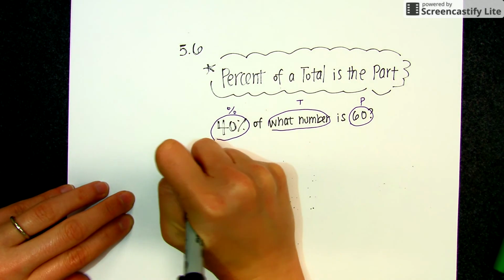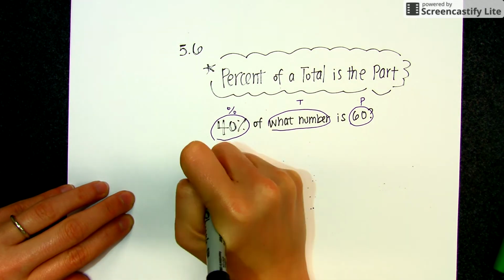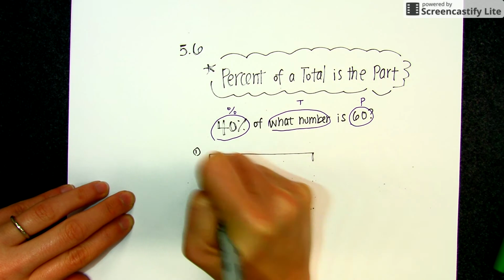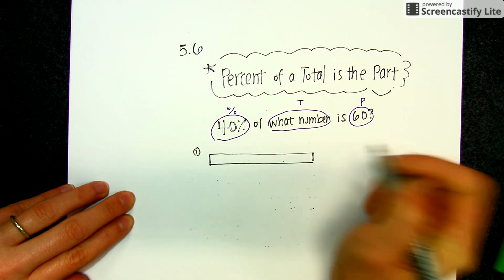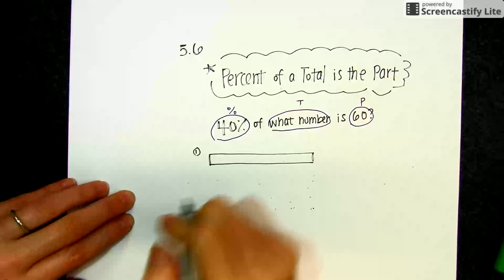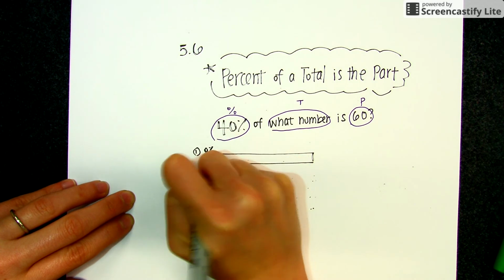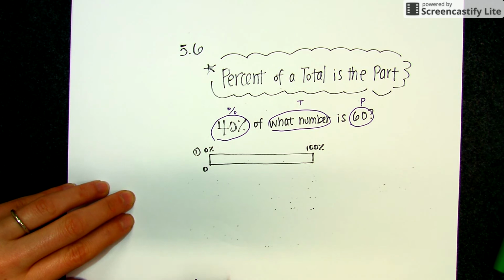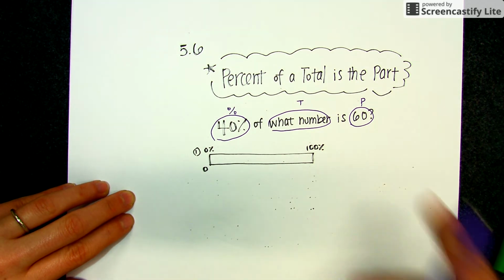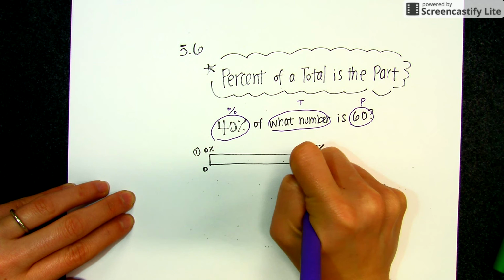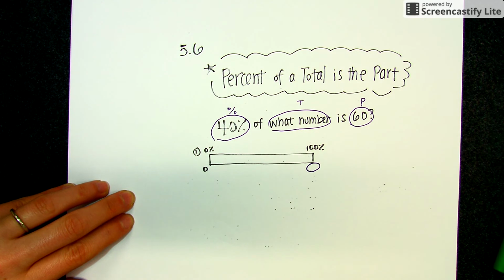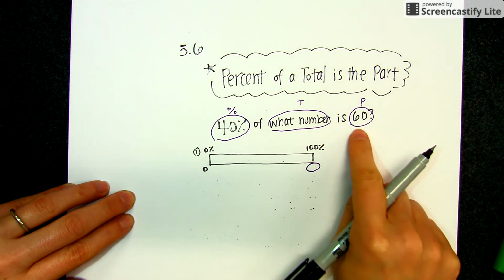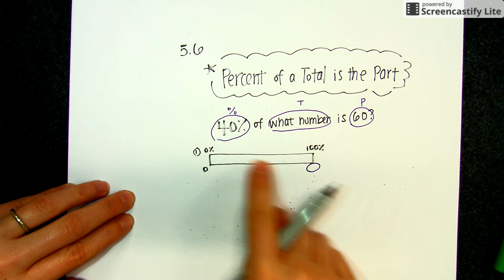Now, the modeling way. All the ways are kind of similar, but there's a little bit of variation. I always like to start off with 0%, 0, 100%. We're looking for the total, so that means we're looking for the number right below 100%. And 60 is somewhere here.